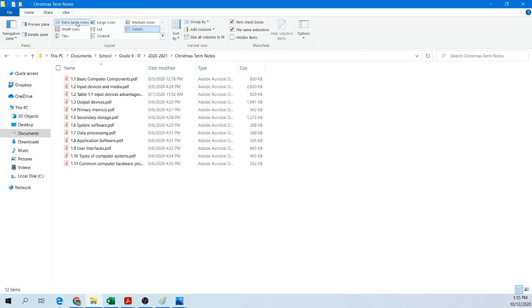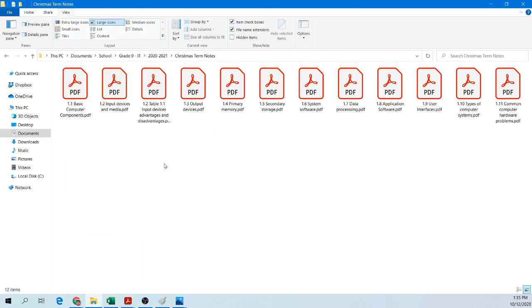So I would have given you 1.1 basic computer components. You should have written that. I would have given you 1.2 basic input devices and media. Should have written that also. 1.3 output devices and 1.4 primary.